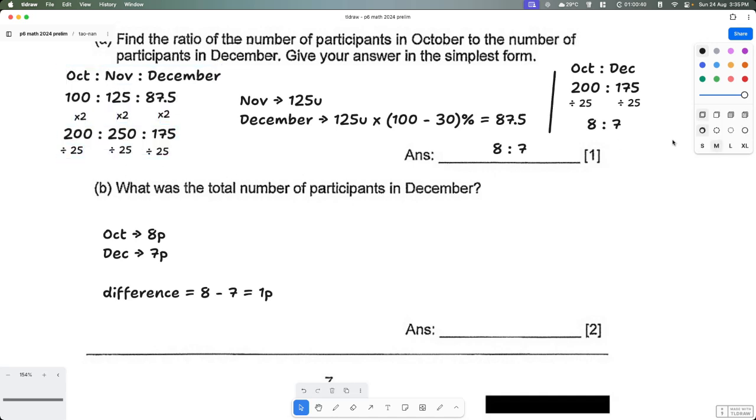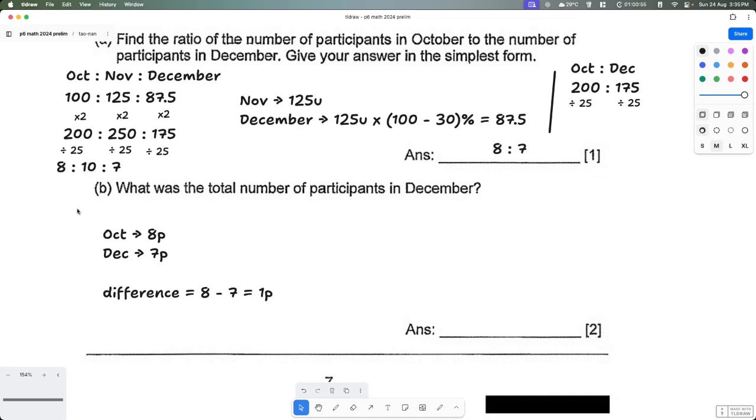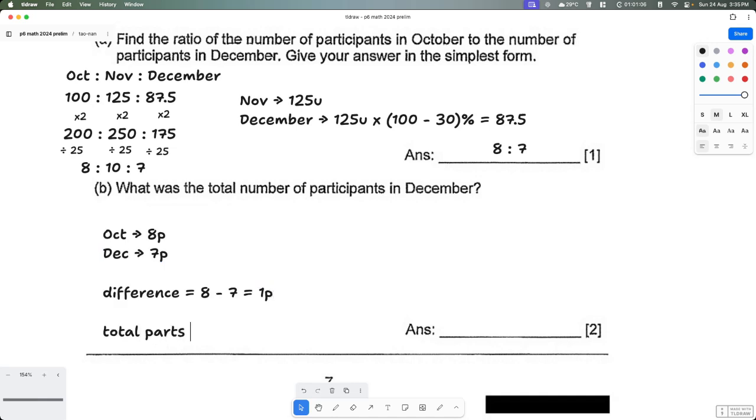Let me put 8 is to 7 is to, correct. What is in the middle? 250 divided by 25, that is 10. So we want the total parts. Total parts is equal to 8 plus 10 plus 7, which is equal to 25.